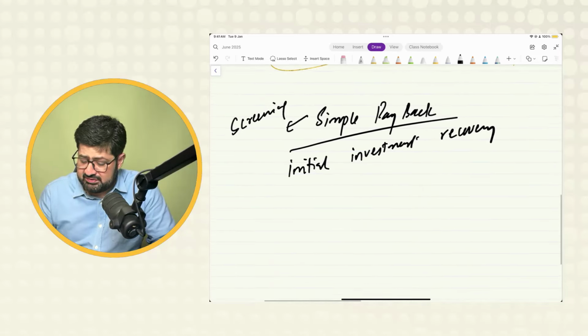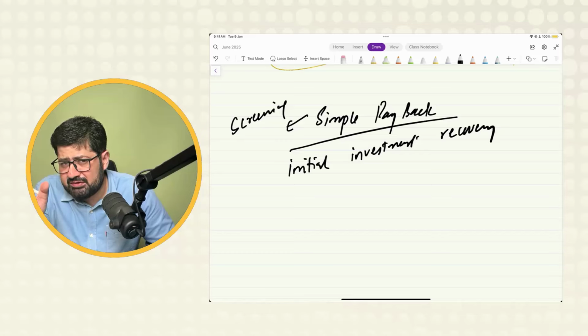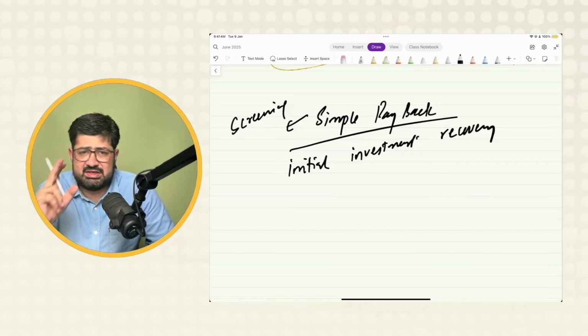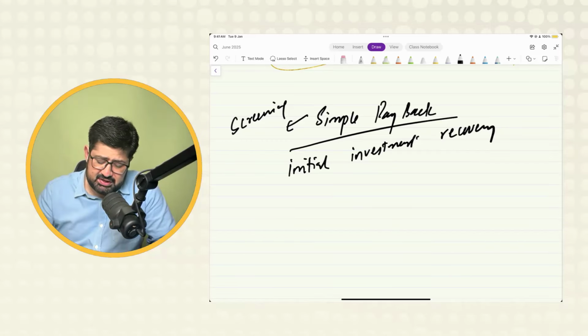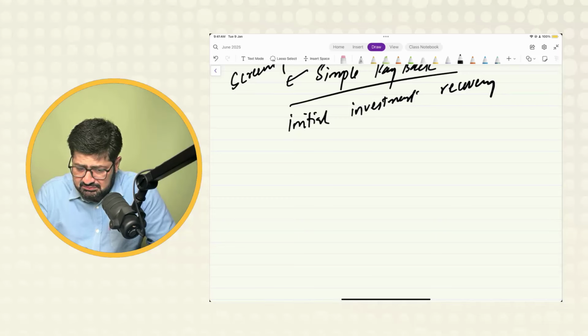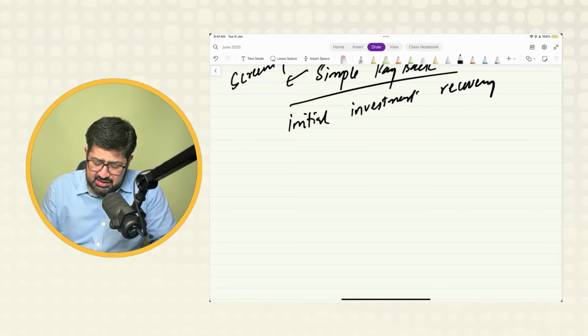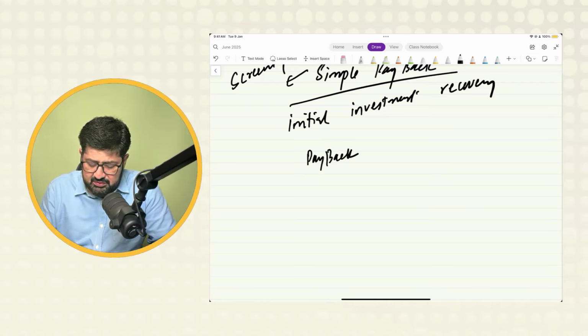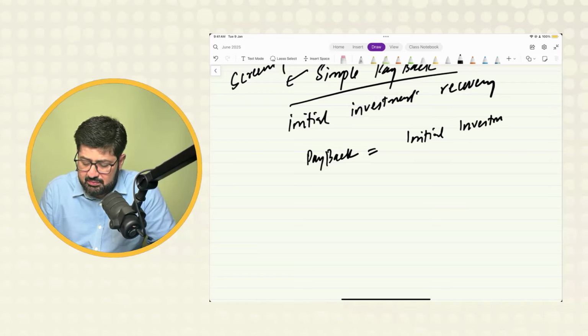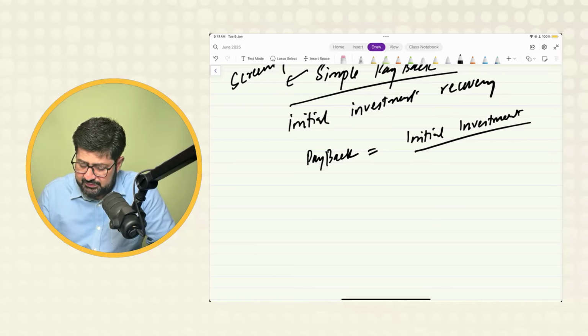How is it calculated? It is cash flow based. All other methods are cash flow based; only one method is profit based, which we talked about. Payback of a project equals initial investment divided by annual cash flow.